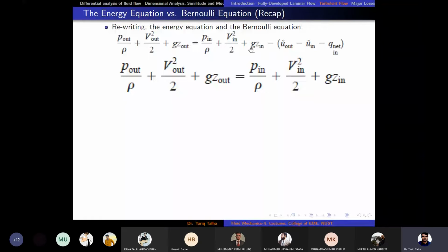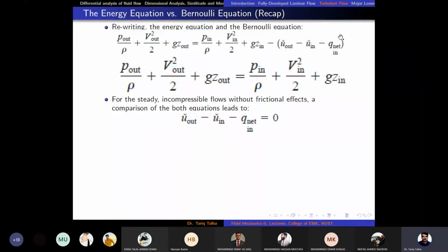The left hand sides of both equations are equal. On the right hand side, the first three terms are equal, and the only additional term is minus u out minus u in minus q net in. That is the term included in the energy equation due to frictional effects. Otherwise, if there is no friction, this term wouldn't be there, as is evident from the Bernoulli equation.